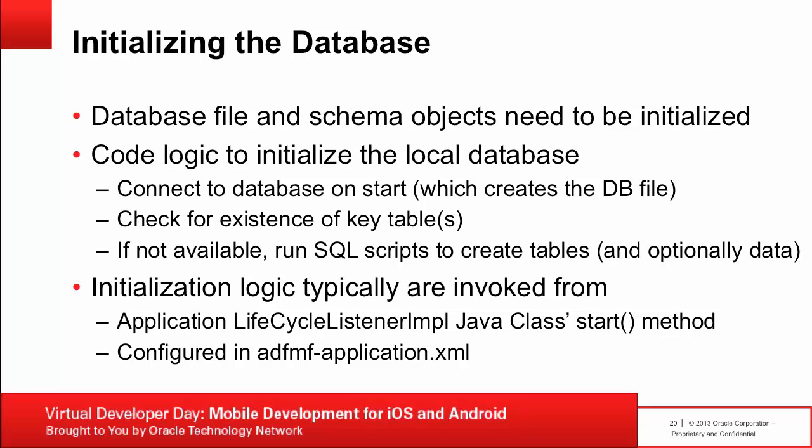If it doesn't exist, then it will create a new SQLite database file. In your code, you would typically execute a SQL statement by trying to access an important table in your database, where the table will always have some data if it's initialized. If the statement fails, you know the database schema has not been created, and you can simply run through the initialization steps to create a SQLite database.